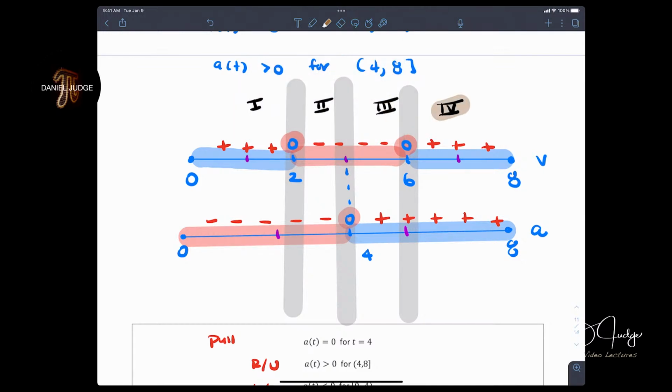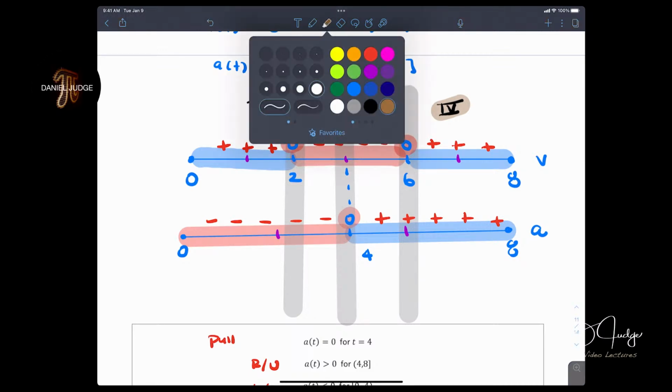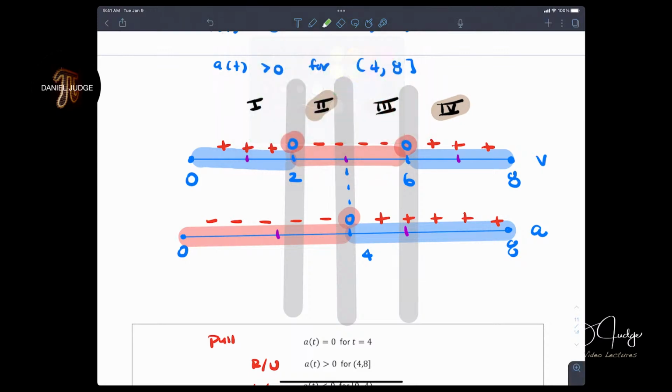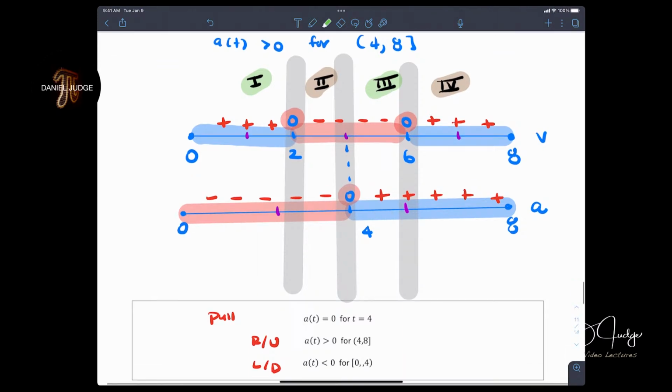Velocity and acceleration are positive. They have the same sign. Region 2, both velocity and acceleration have the same sign. So we're going to care about that. And then maybe in green, opposite signs for velocity and acceleration are region 1, region 3. Velocity and acceleration are opposite.